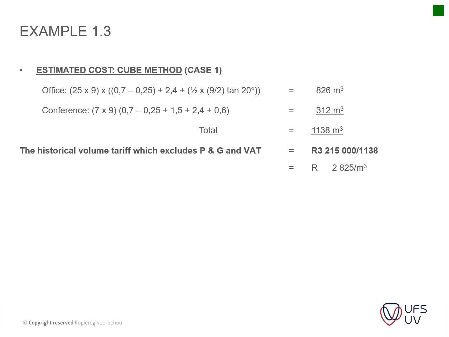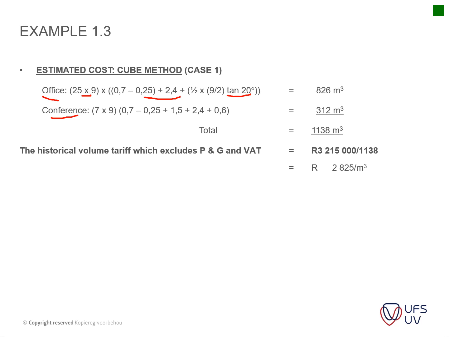Okay, so your estimated cost cube method is your office building, and you've got a conference center. Basically you've got your area, then you calculate the height of your ceiling. I'm going to explain the little trigonometry formula that you need to know as well, so you will have to practice this.